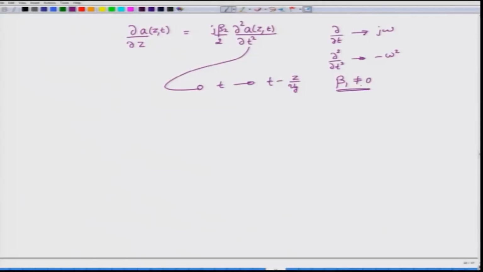So, center is the one we have taken as the time reference. Keep that in mind, and this z by Vg term is all coming because you have beta 1 which is non-zero. Because beta 1 is non-zero, the pulse center would travel with a velocity of Vg.